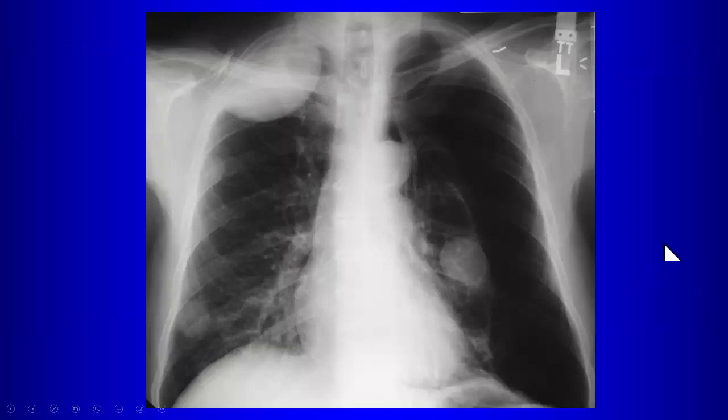If I show you this chest radiograph, what are the findings here? There's a pneumothorax, and what else do we have? Yeah, so we have bilateral large parenchymal masses here. Now, assuming that you did not do a lung biopsy on this patient, how do you put the findings together? Of course, you can have a pneumothorax after a lung biopsy, but assuming that no intervention was done, how do you put these findings together?